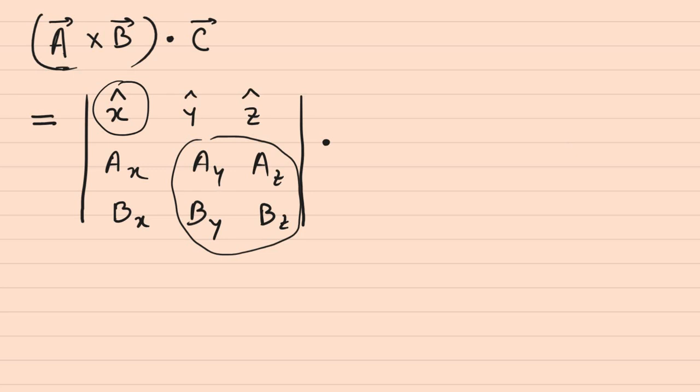We have to dot it with the vector C. Now C has to be written in terms of the Cartesian basis vectors, so we write cx x hat plus cy y hat plus cz z hat. Now if you take the dot product, only the dot products between x hat and x hat, y hat and y hat, and z hat and z hat survive, and all the cross terms are going to go away.